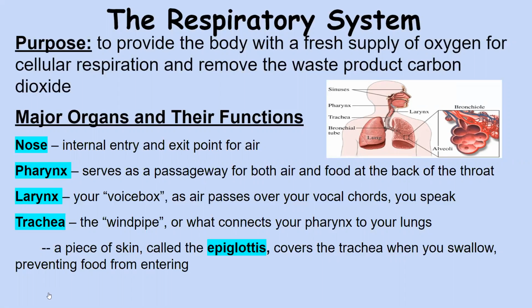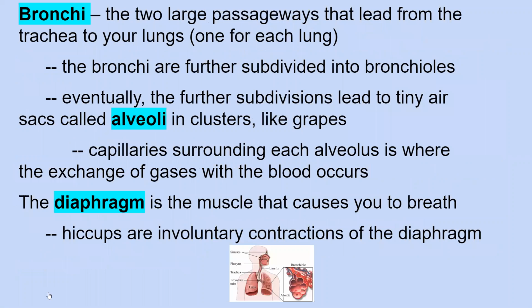Your trachea or your windpipe, that's what connects your pharynx to your lungs. And there's a piece of skin called an epiglottis that covers your trachea when you swallow, that prevents food from entering. So sometimes you might hear somebody say their food went down the wrong pipe, that's because they swallowed and the epiglottis didn't get it covered all the way.